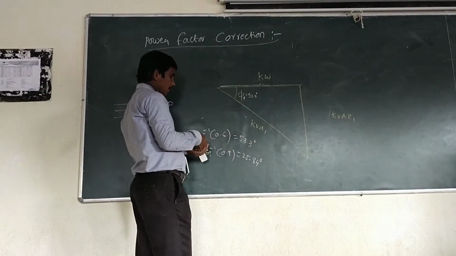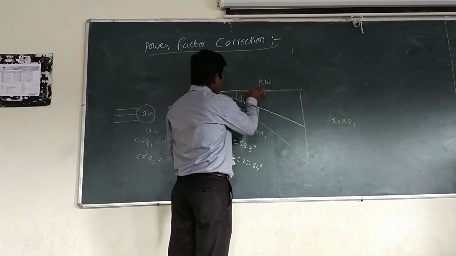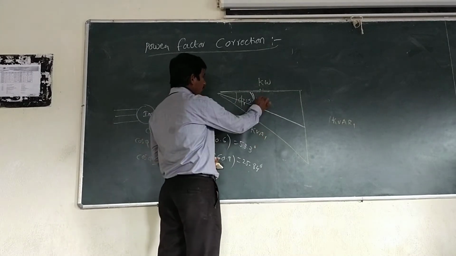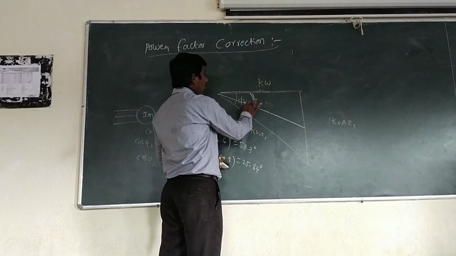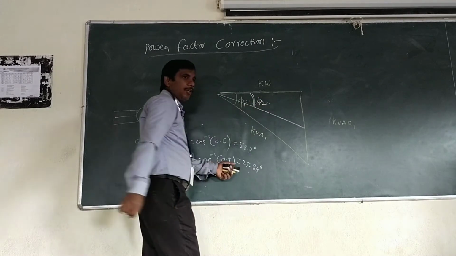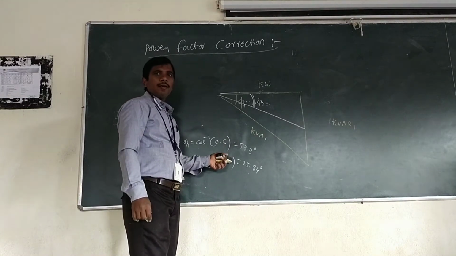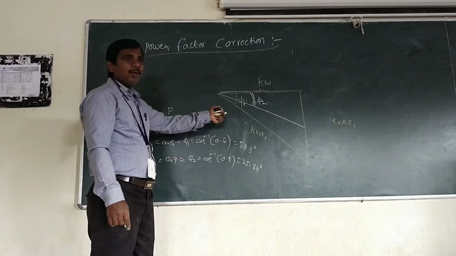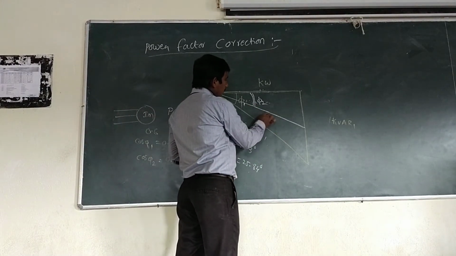Phi 1 is 53 degrees. Due to improving the power factor, the power triangle will be like this, with phi 2, kVA 1, and kVA 2.